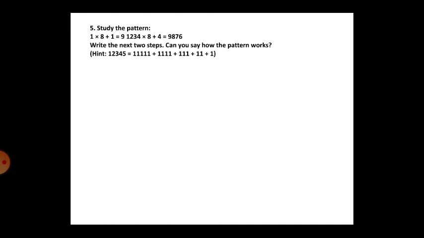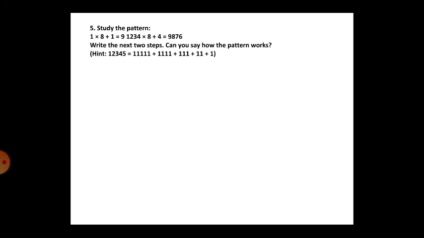Can you say how the pattern works? Here they are given 1 2 3 4 5 equals 1 1 1 1 1. See here, you can observe how many digits are here: ones, tens, hundreds, thousands, ten thousands. It is a 5 digit number.